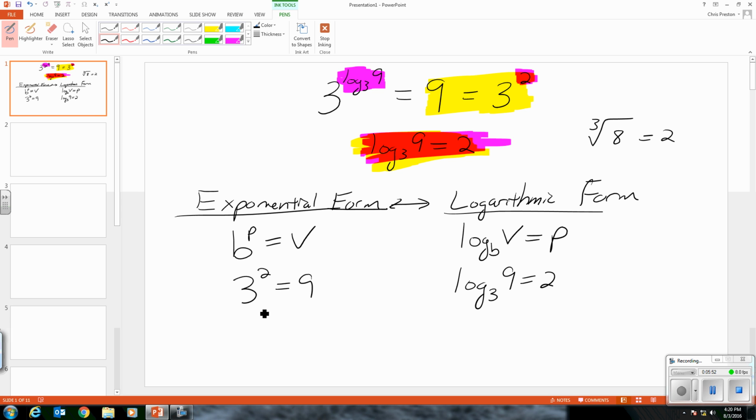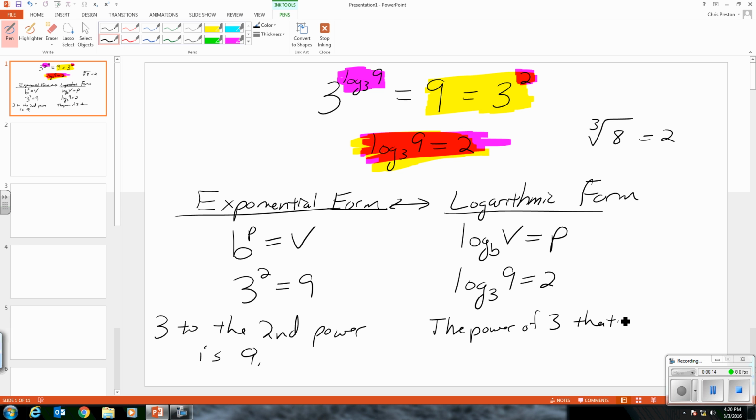This first one, if I wanted to say this in words, I would say 3 to the second power is 9. Okay, so that's kind of what that's saying. And here, this is saying the power of 3 that gives you 9 is 2.